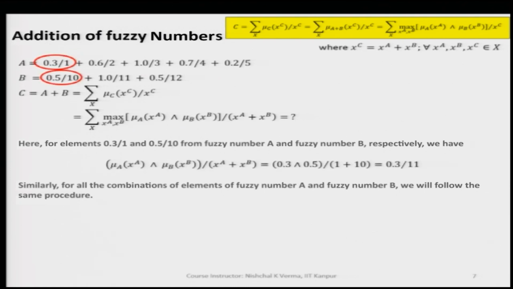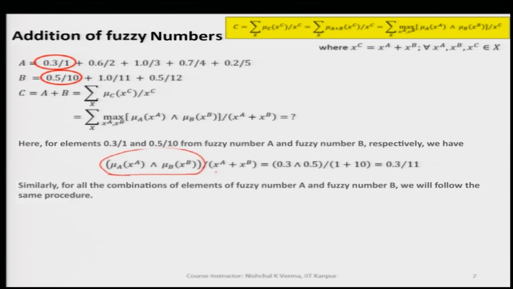If we take the elements from A and B, the first element of A is 0.3 oblique 1 and the first element of B is 0.5 oblique 10. So, let us get this min operation.